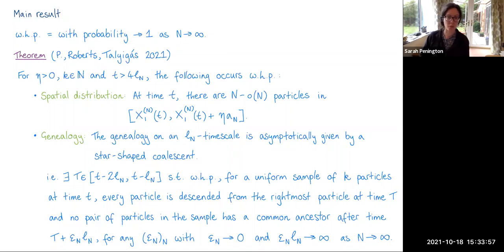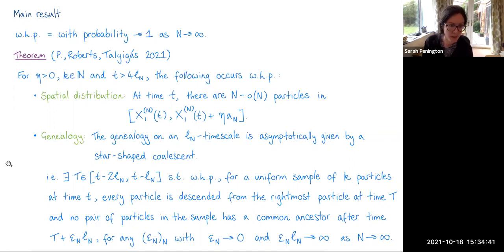More precisely, what we show is that there's a random time capital T between t minus 2 ln and t minus ln, such that with high probability, if you take a uniform sample of k particles at time t, then every particle in that sample is descended from the rightmost particle in the population at time capital T. So they're all descended from a single particle, and no pair of particles in the sample has a common ancestor after time t plus epsilon n times ln, for any sequence epsilon n that's going to 0 as n goes to infinity, with epsilon n times ln going to infinity. So this is the result that I'm going to try and give you a sketch proof of.